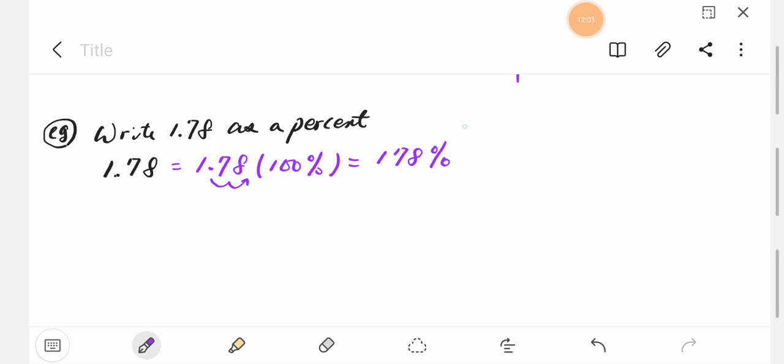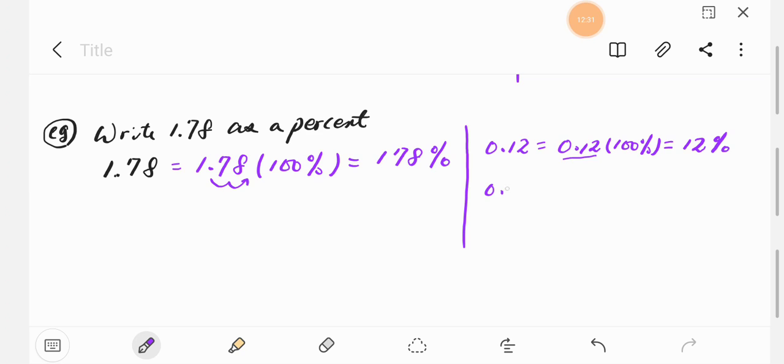Okay, so let's try another example. How about 0.12? 0.12 is equal to how many percent? This should be 12%, right? Because 0.12 multiplied by 100%. So multiply by 100. So move the decimal point two places to where? To the right, because we want to make this number larger. So it will be 12%.